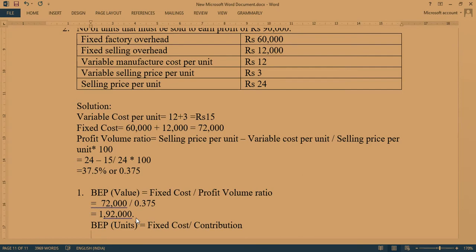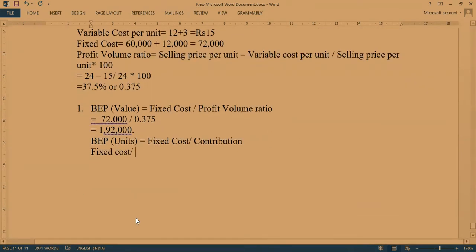The contribution consists of selling price minus variable cost. So, fixed cost divided by selling price per unit minus variable cost per unit. With this information we can find the solution.